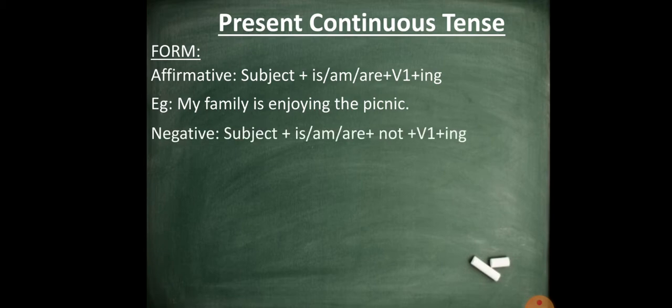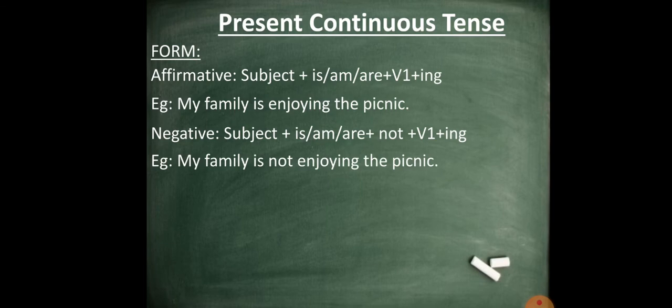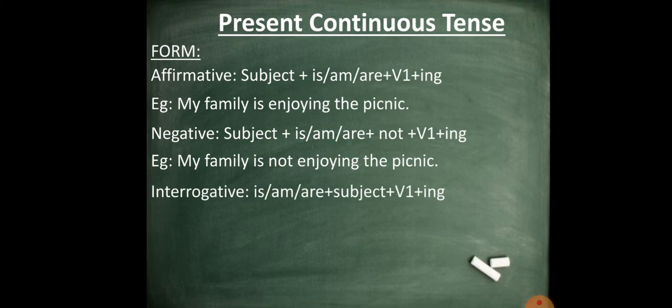The negative form will be subject plus is/am/are plus not plus V1 plus ing. Example, my family is not enjoying the picnic. To form an interrogative sentence, the helping verb will be placed right in the beginning, followed by the subject plus V1 plus ing.